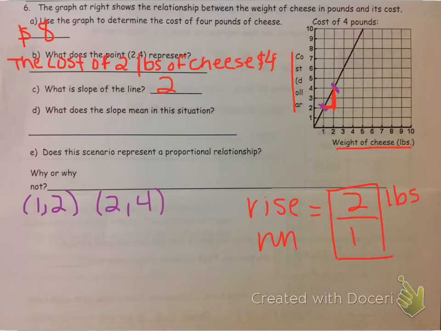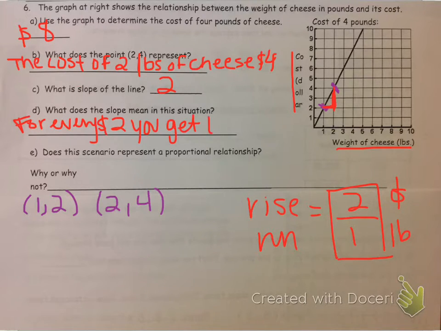For every $2, we get 1 pound. So let's write that. For every $2, you get 1 pound of cheese.